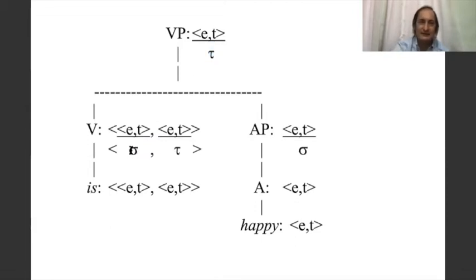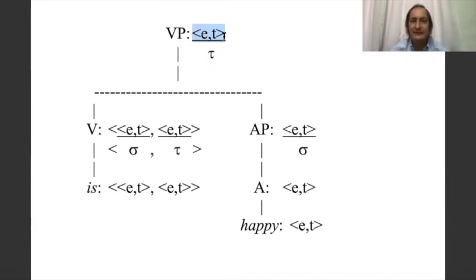So this just helps to match up what the sigma is and what the tau is. Here, the sigma on the verb phrase is type ET. That's this ET. Here, the tau on the verb is also of type ET, and that is the resulting ET up here.